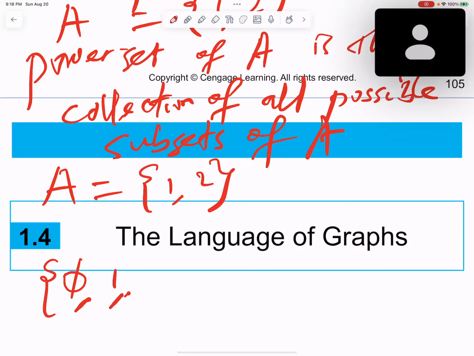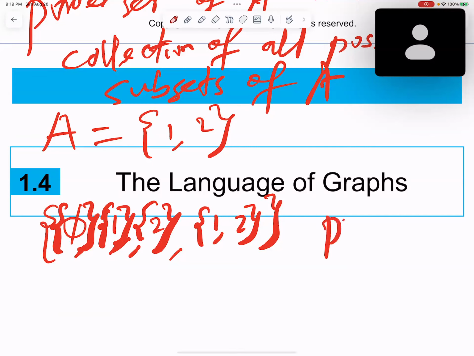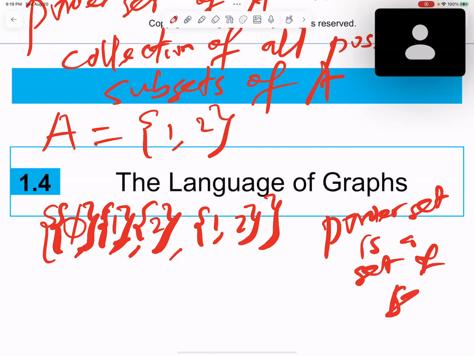So the empty set is one of the subsets of A. {1} is one of them. {2} is one of them. You see that? Then you can have the set {1, 2} itself. Now, this has to be inside a set notation, because power set is a set of sets. Remember, power set is a set of sets.